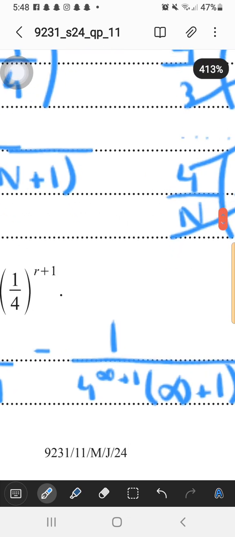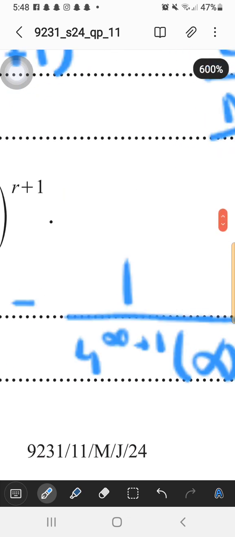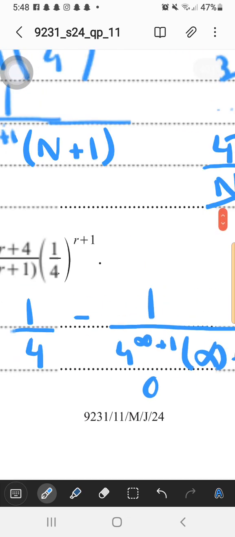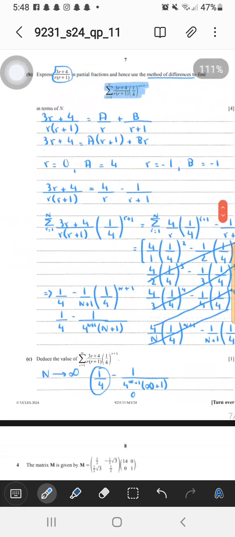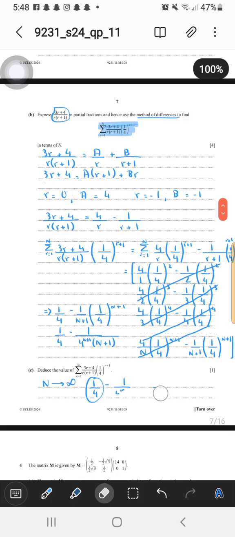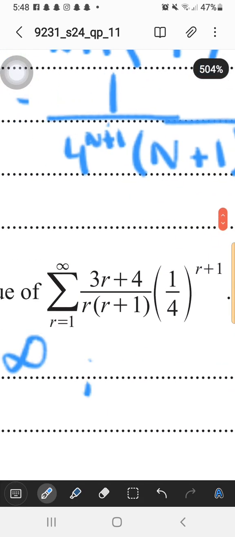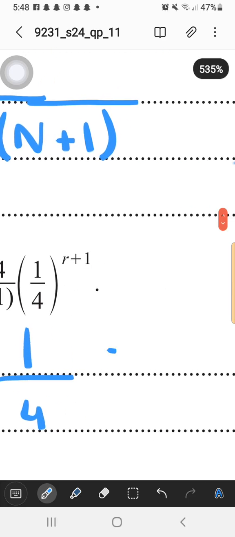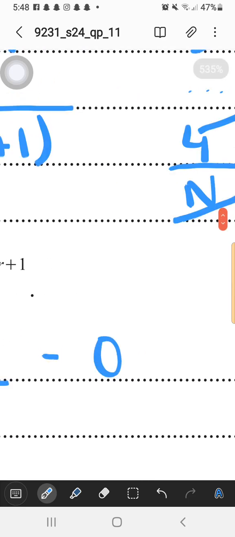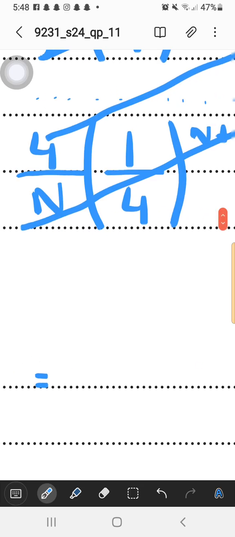So something with infinite power will become 0. It becomes 0. So our final answer will be only this 1 upon 4, as it is 1 upon 4 minus 0. Let me write it. 1 upon 4 minus 0. So it becomes 1 upon 4.